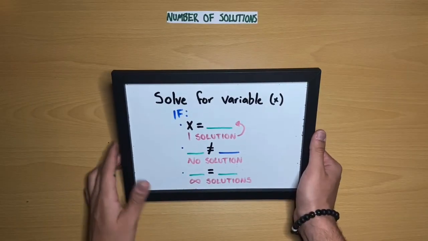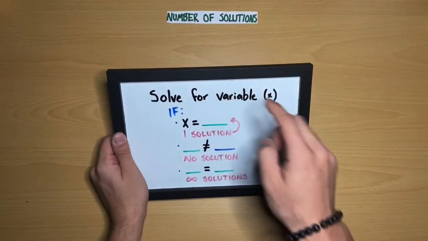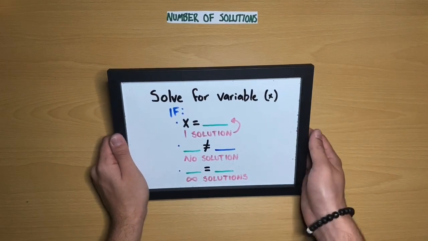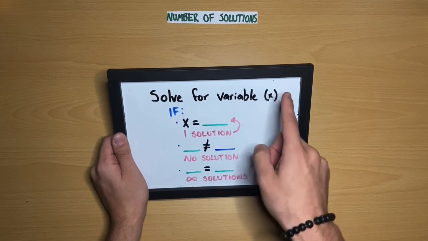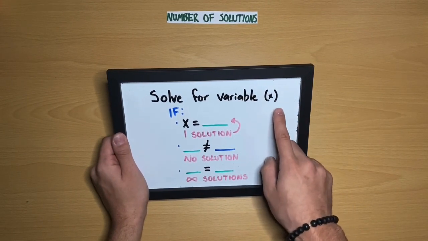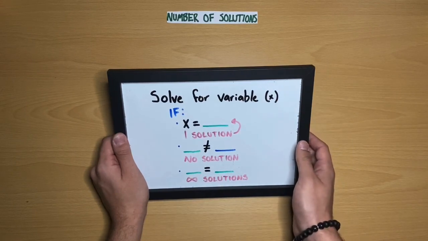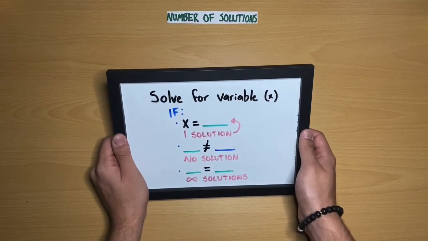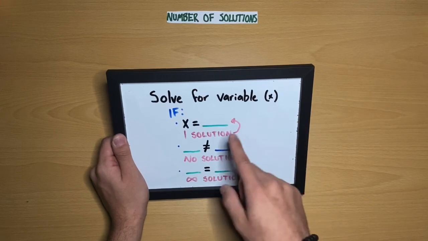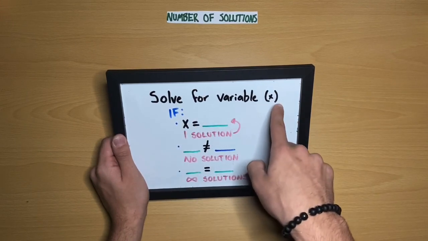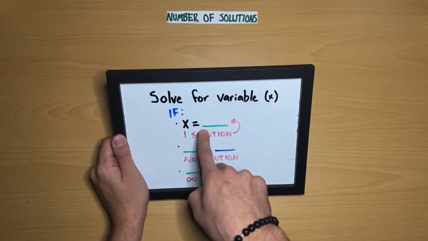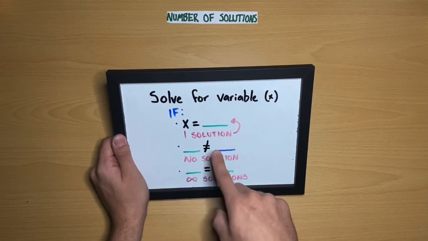To recap, to determine how many solutions there are, you will solve for the variable. It's usually going to be x, but whatever variable there is, you solve it like a normal equation. And if you get x, or whatever your variable is, equals something, then you have one solution.